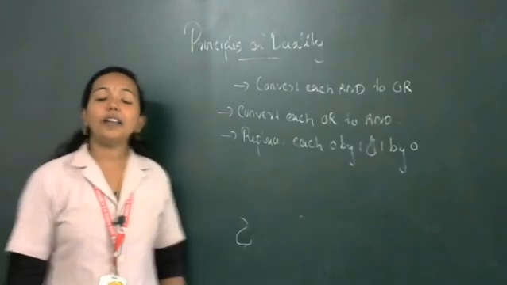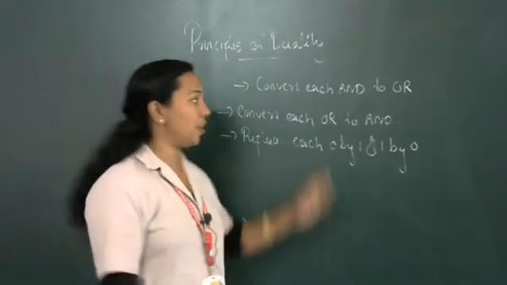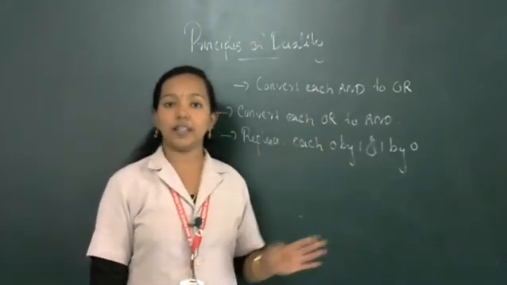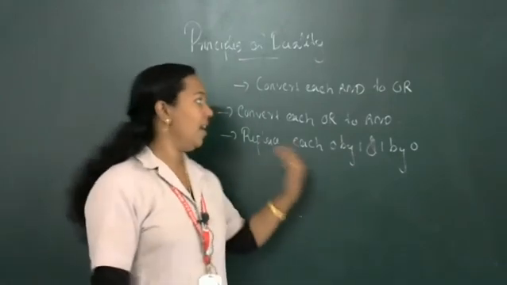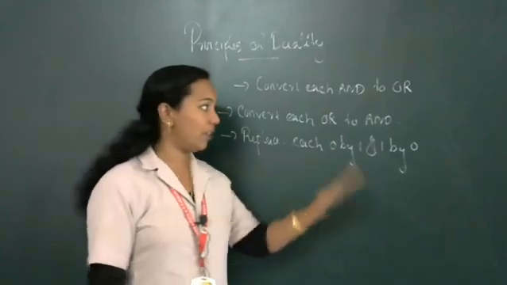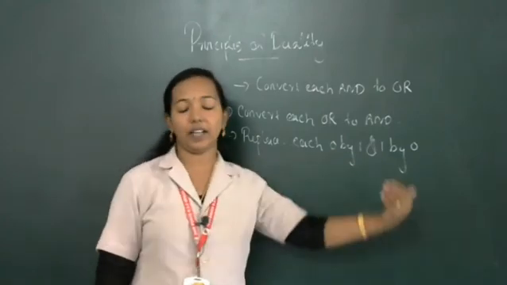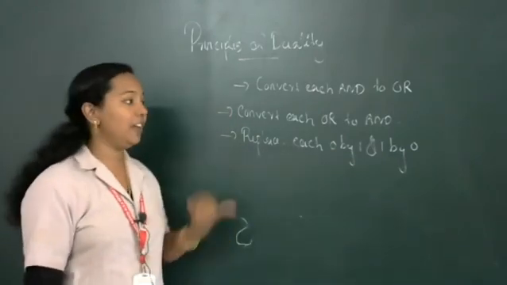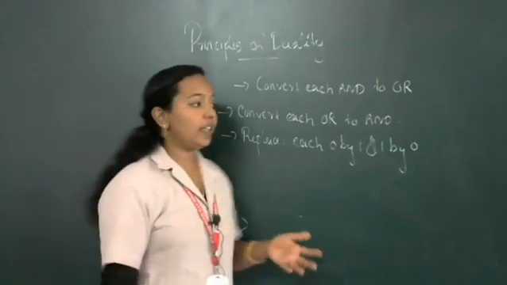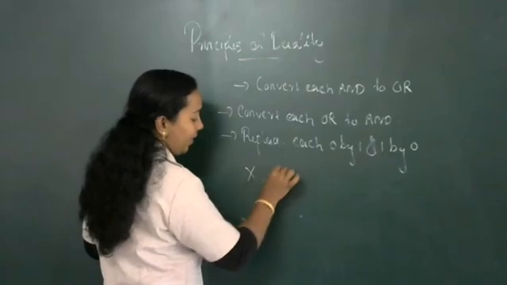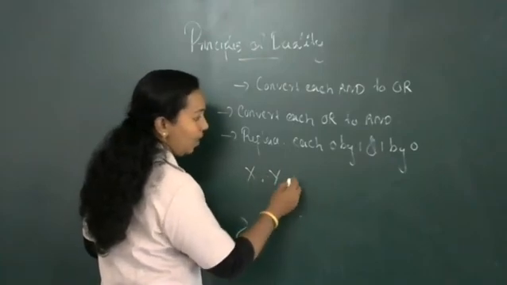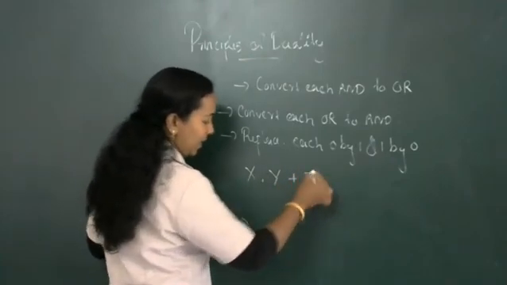Okay, to find the dual of a Boolean expression, you want to follow these 3 steps. Convert each AND operation to OR, convert each OR operation to AND, and replace 0 by 1 and 1 by 0. With the help of an example, I will explain. For example, x dot y plus z.